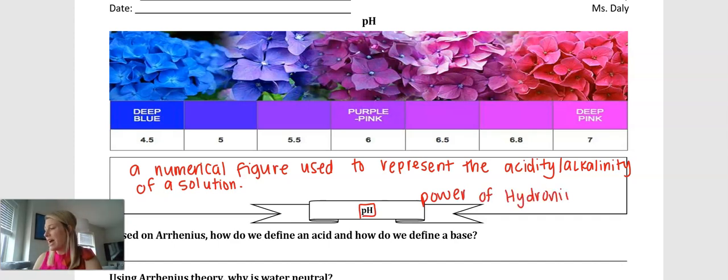So we're really measuring how much hydronium is there in solution.